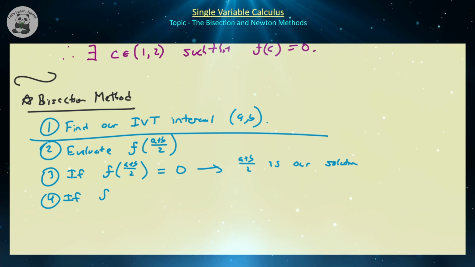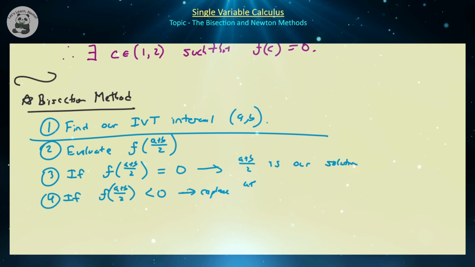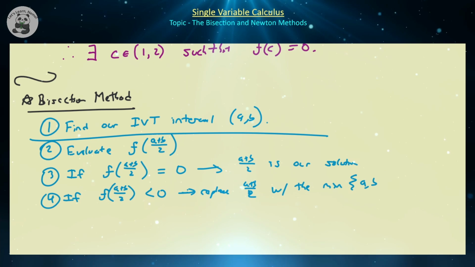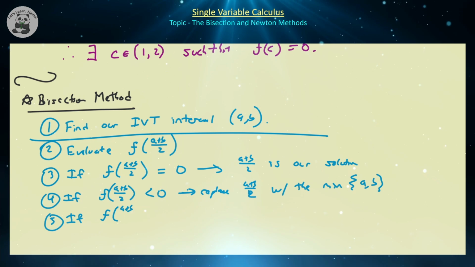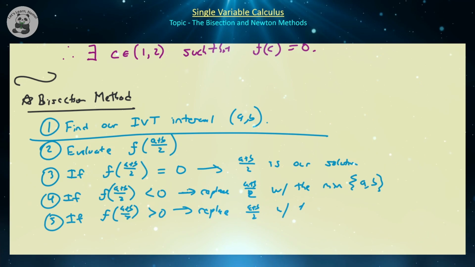Four, if f of (A plus B) over 2 is negative, we're going to replace the minimum of A and B with (A plus B) over 2. Five, if f of (A plus B) over 2 is a positive number, we're going to replace the maximum of A and B with (A plus B) over 2.